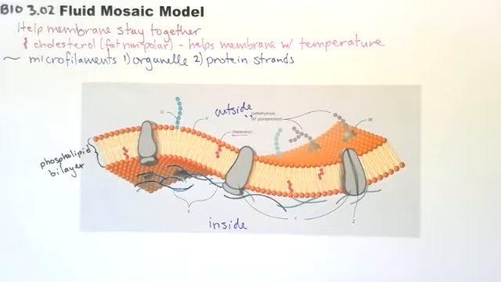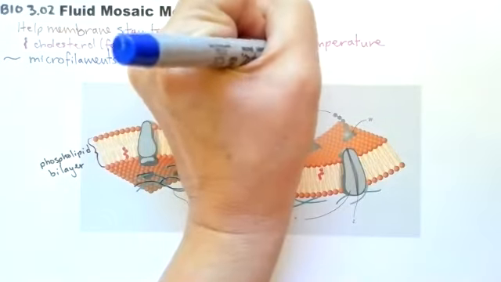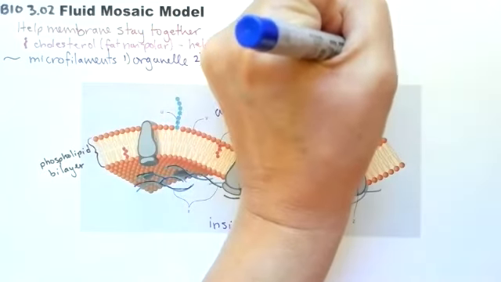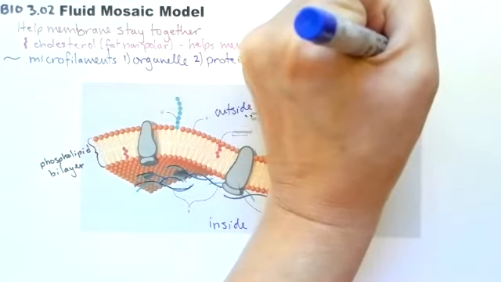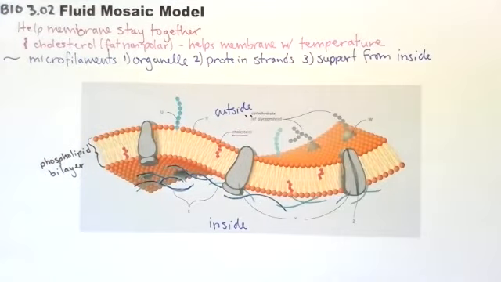You ever put up a tent, you know that the canvas is really flexible, but the poles are strong and stable. So these support the membrane from the inside. So that's the purpose. Those two structures help this membrane stay together.